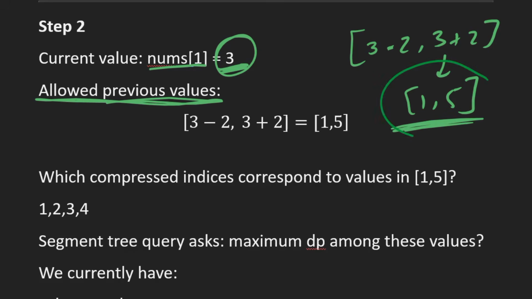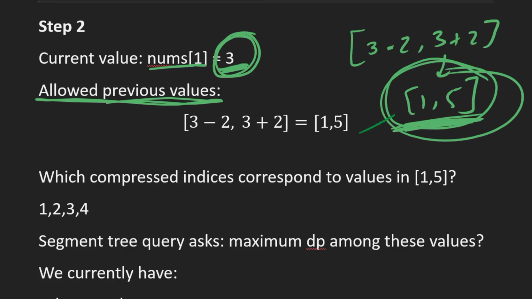So all the values in the range 1 to 5 are allowed for the current value. So now for these values we find the maximum dp value, right?